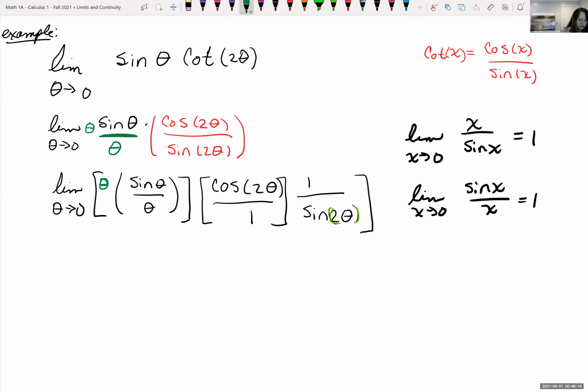So can't we just move it over here? The other thing is, now I have my theta there, but I want it to be 2 theta, right? And so I can multiply both the top and the bottom by a 2. So I'm just going to think of this 2 as multiplying by a half.